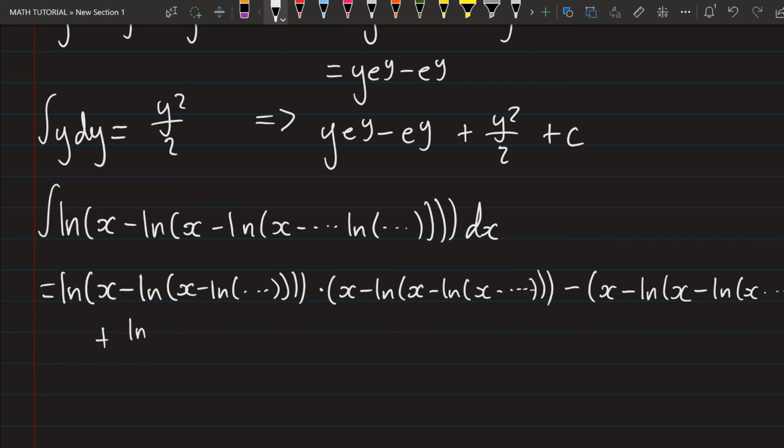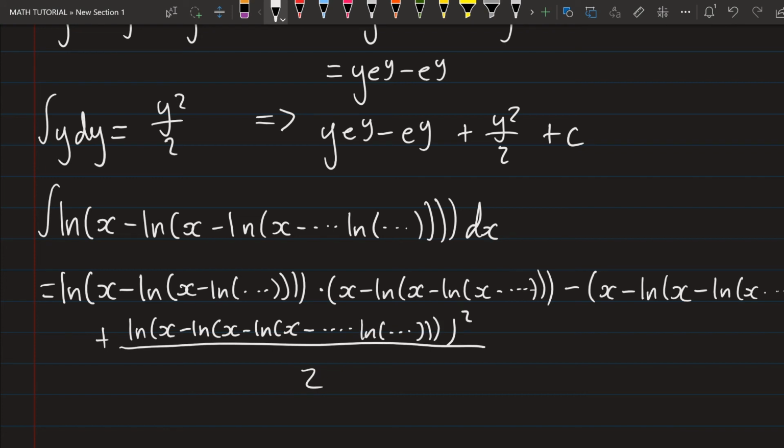So we get the natural log of x, take away the natural log of x, take away the natural log of x, and so on, all divided by 2, and that is squared. Okay? And of course we have our constant of integration.